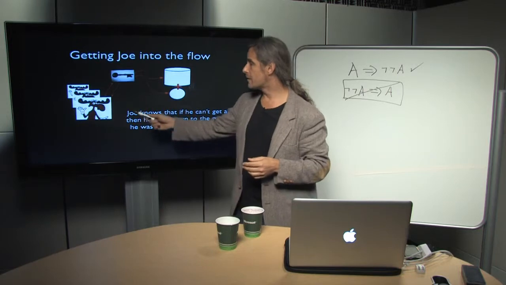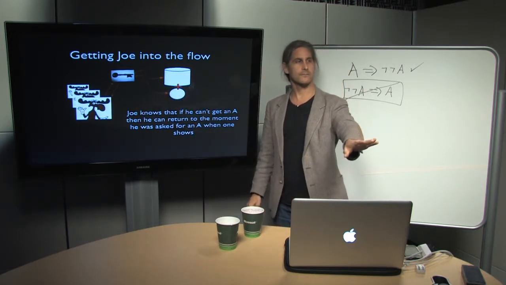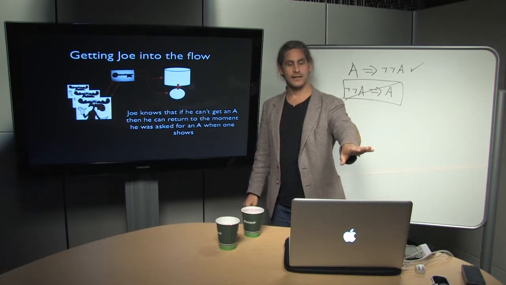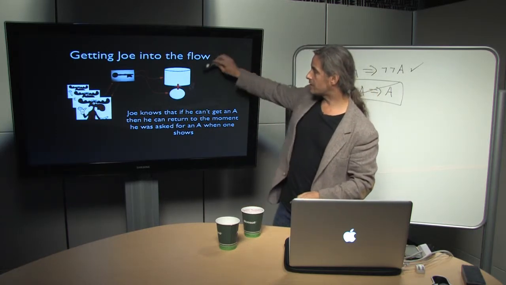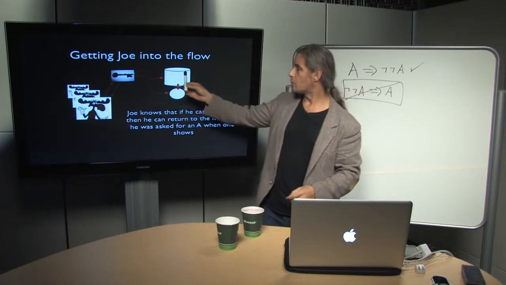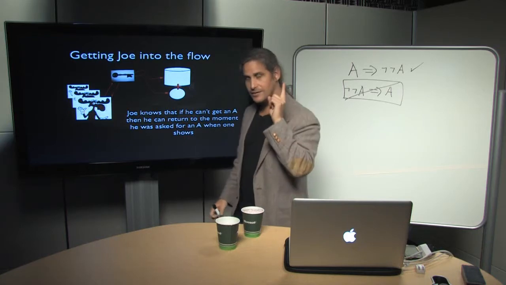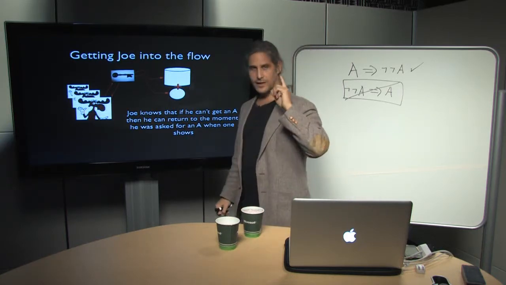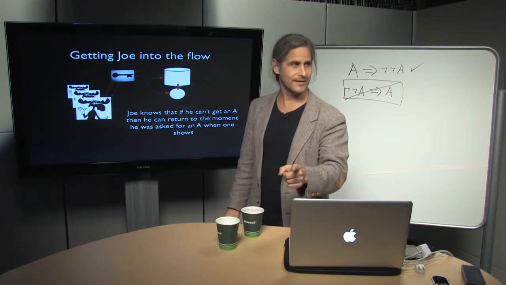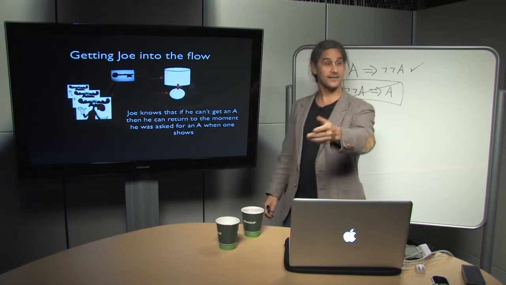So Joe is now absolutely free to say no. Because if an A comes in and we can jump back in time to the point just after the demand for the A, but right before Joe answered, okay, then he can then produce the A and say, A.